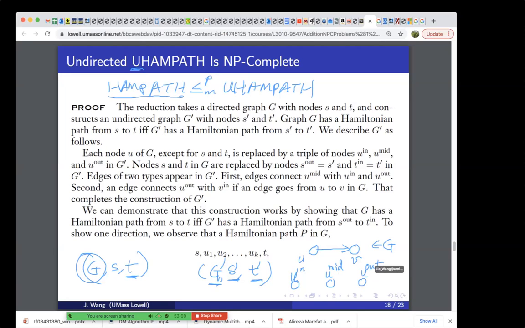So what I'm going to connect is U in connects to U mid, and U mid connects to U out.